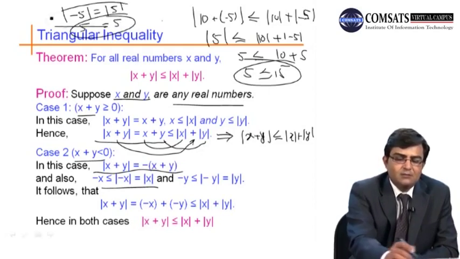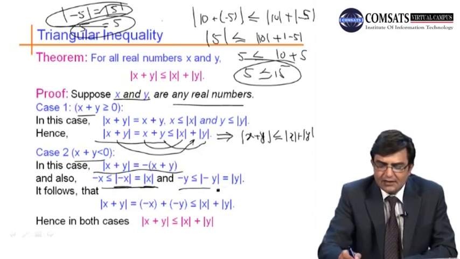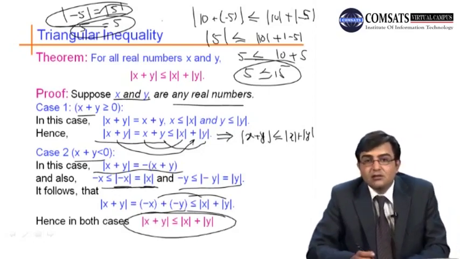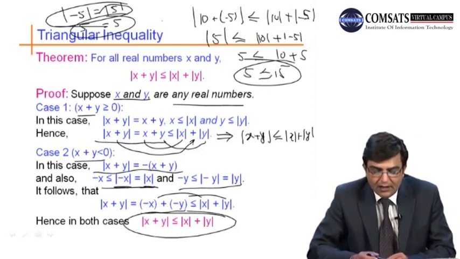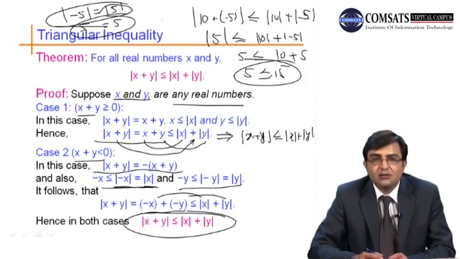So these two are equal. Similarly for y. What do we conclude? We conclude the triangular inequality. We have proved it for both cases, x plus y greater than or equal to 0 and x plus y less than 0. This result is called the triangular inequality.